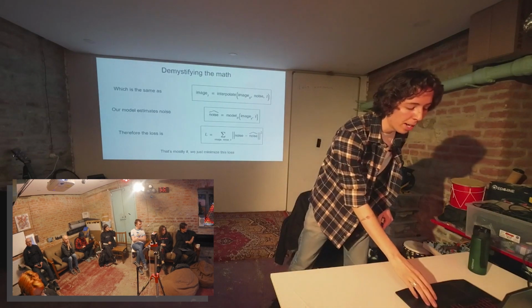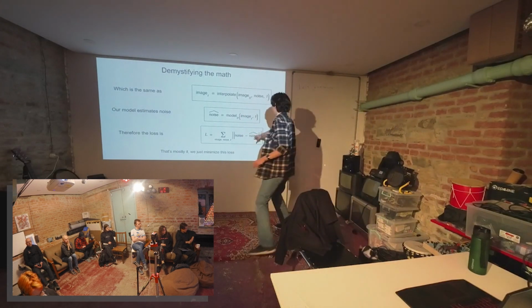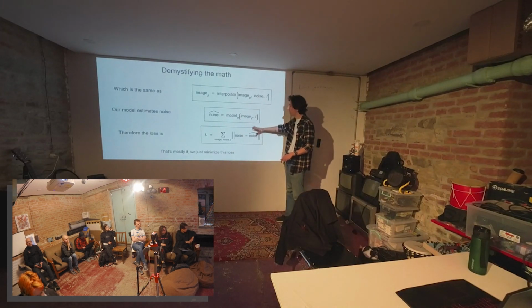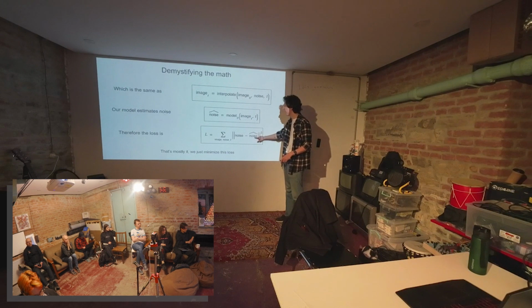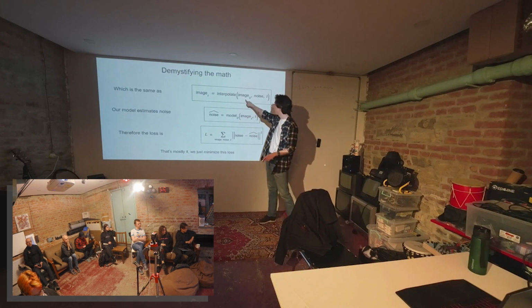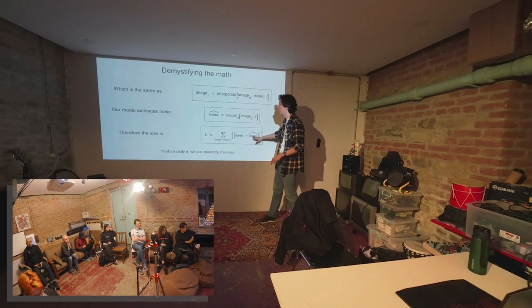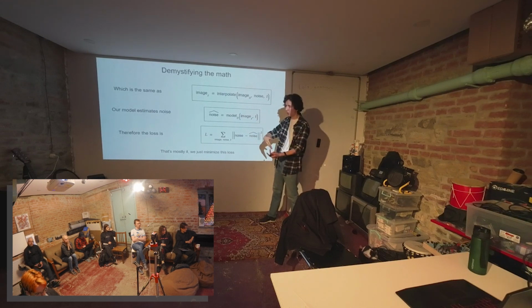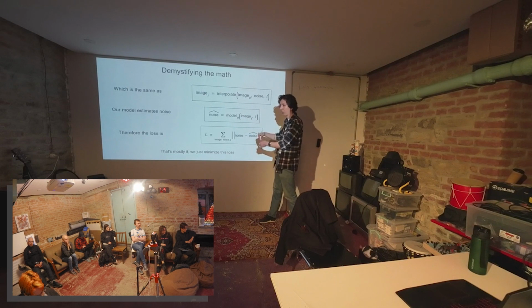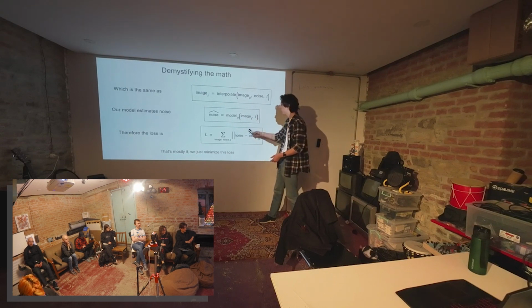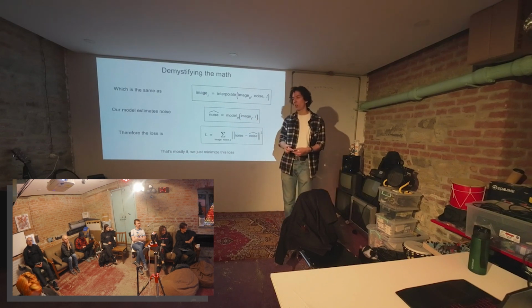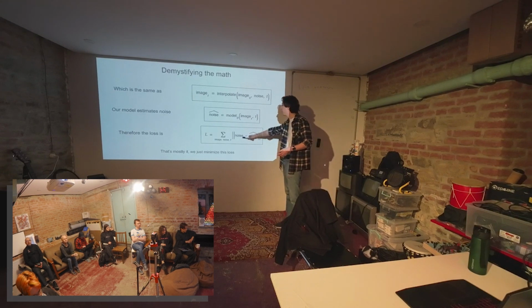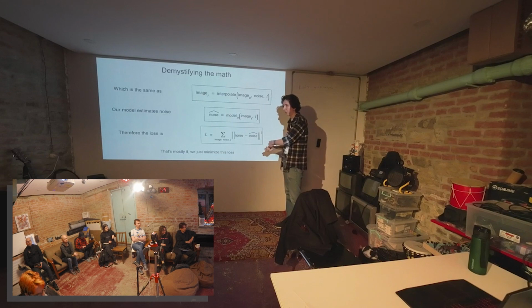Here I say that we compare the noise and the estimation of the noise, but this is basically equal. We can rewrite this as a comparison between the image and the denoised image. You can use this noise to generate the denoised version, and you compare this denoised version of the image with the pure image, and they should be as close as possible. Yeah, minimizing the difference between these noises is the same as minimizing the difference between the original image and the denoised image.